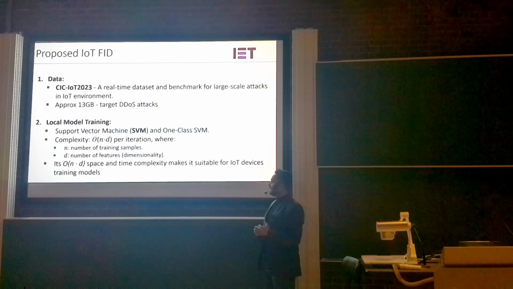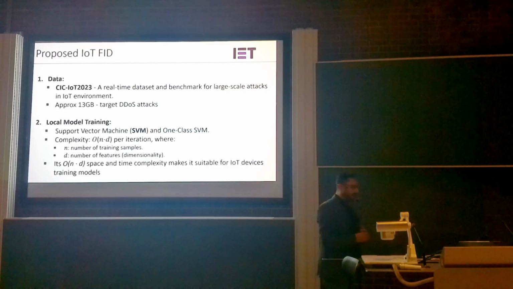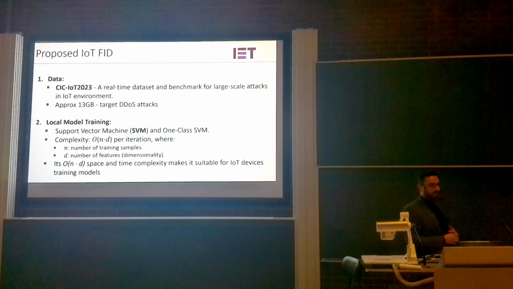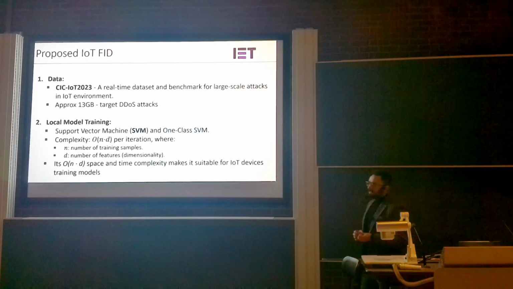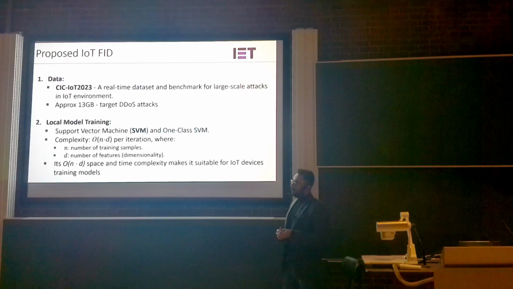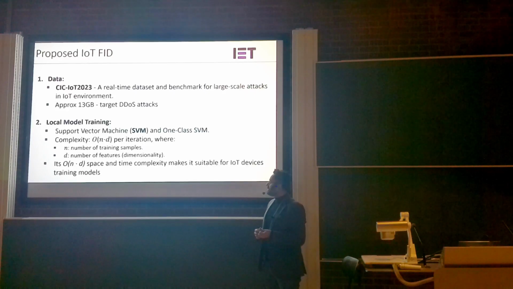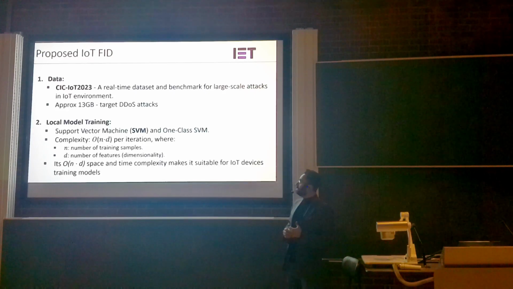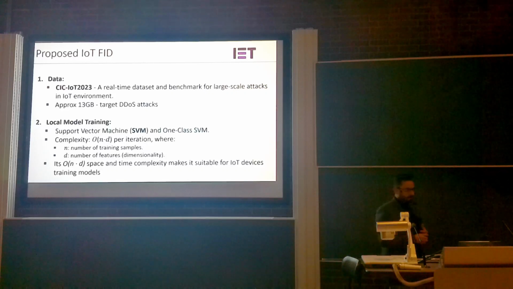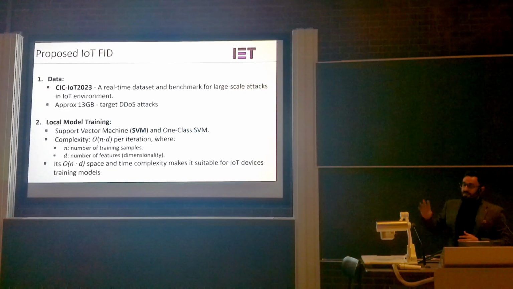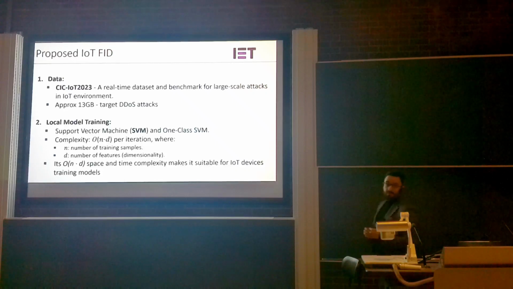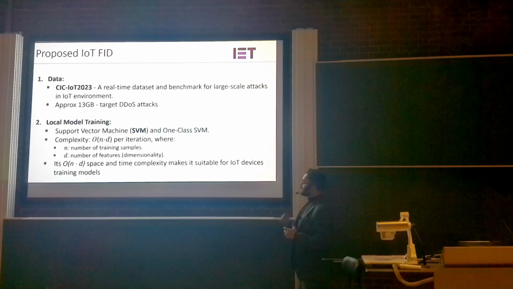It's around 13 gigabytes in size, and it contains traffic from different IoT devices. Some of it is malicious, and some is just benign network requests. The dataset has multiple classes, but we only focused on the DDoS attacks.